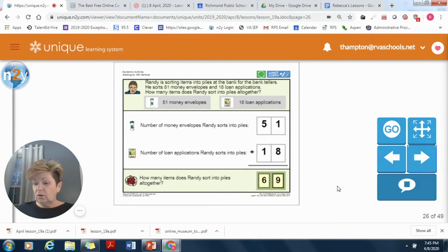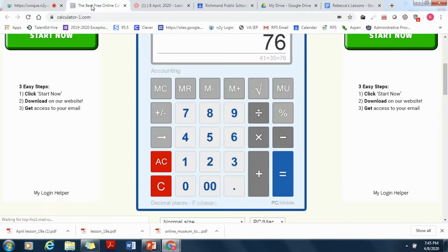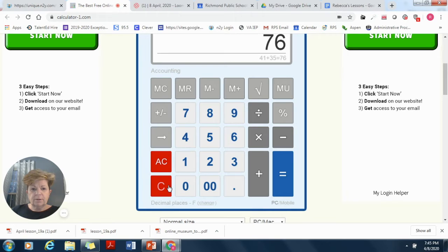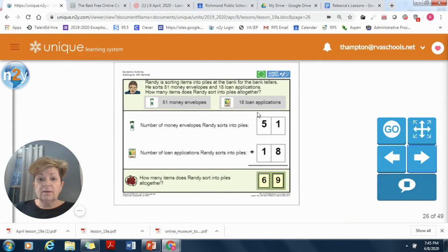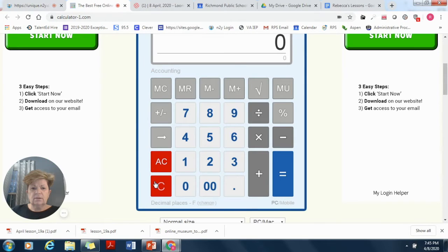Okay, then we can always go right into our calculator and we can check our work. Let's clear that. And we're adding 51 plus 18. And we look at our story problem and there's 51 money envelopes and 18 loan applications.